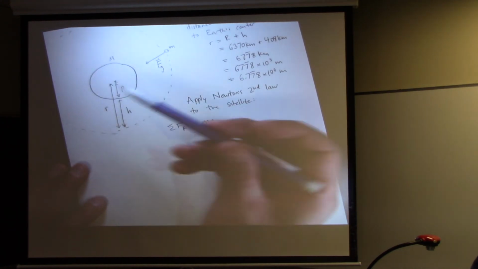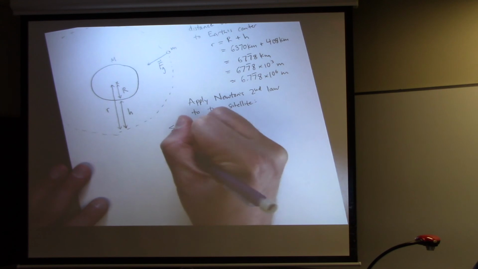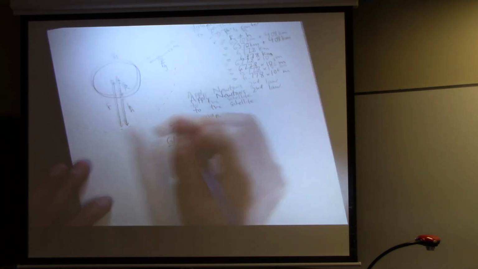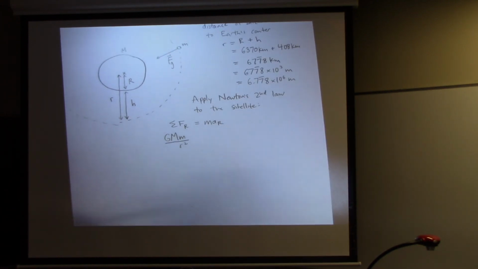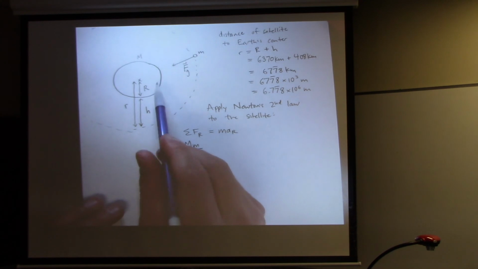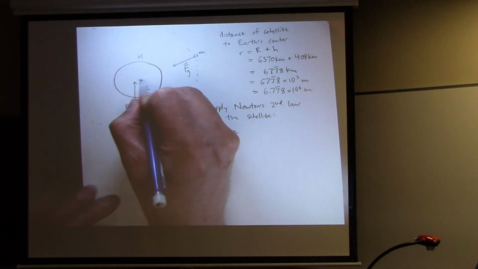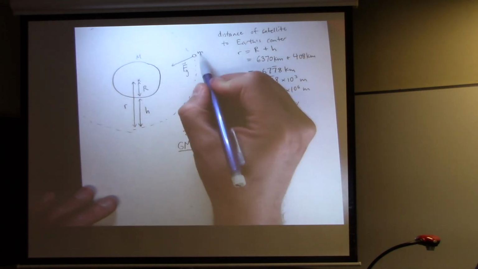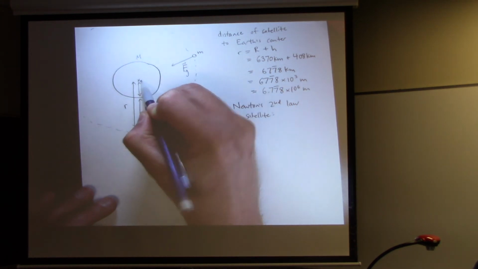That's the force pulling it in. So for the force of gravity, we have G, big M, little m, divided by lowercase r squared. So be careful about which radius you're using. In the last lecture, we found that if you have a spherical object, you can treat it as if all of the mass of that object is at the center. So basically what we have is a distance from the center of the object. That's what matters.